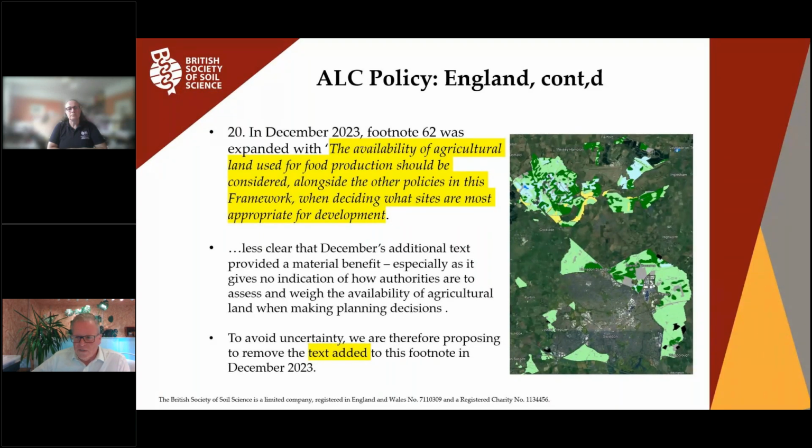So the government are trying to streamline the system and speed up the planning decision process. So at the moment, they are seeking to take that bit of footnote 62 out with regard to its usefulness as for food production. So I'm sure we have all our own views on that, but that's what they're seeking to do at the moment. Next slide, please.